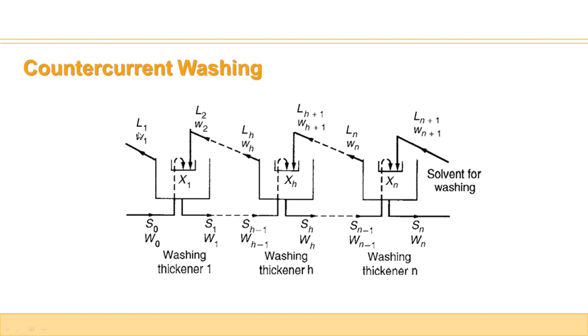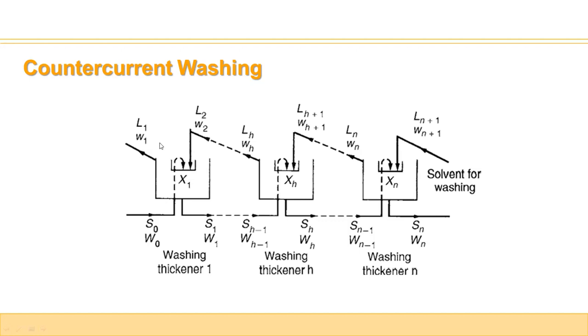You can have your own representation, any letter that you like, but it's represented here as L. I'm referring to the solute present in the overflow. As to the total amount of solution in the overflow, meaning it contains the L, the solute, and the solvent, that would be the small w. So it's not big W like here in the underflow, but small w. The solution that is present in your overflow.